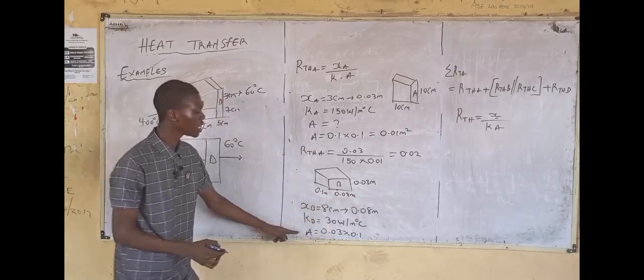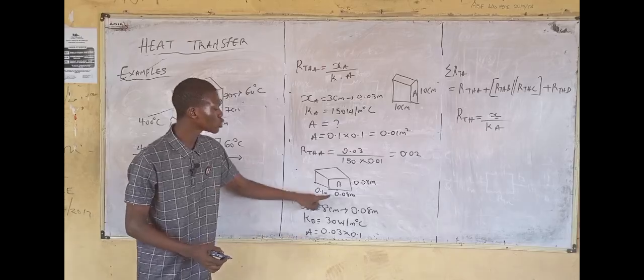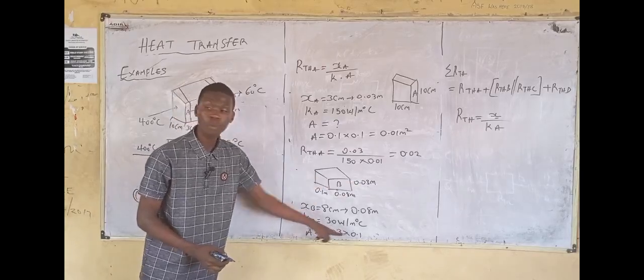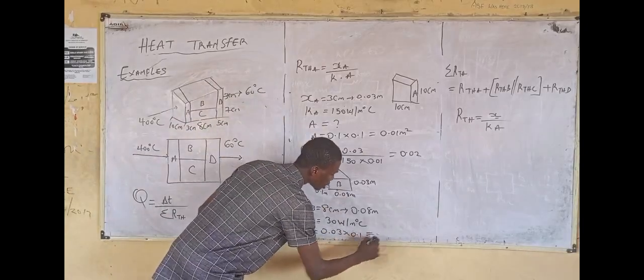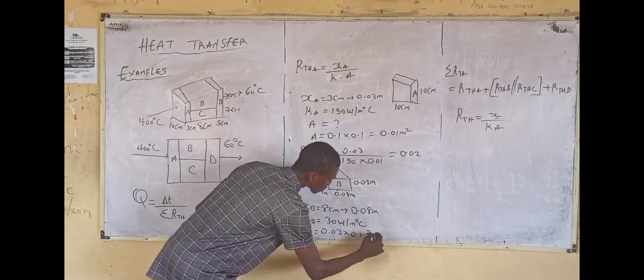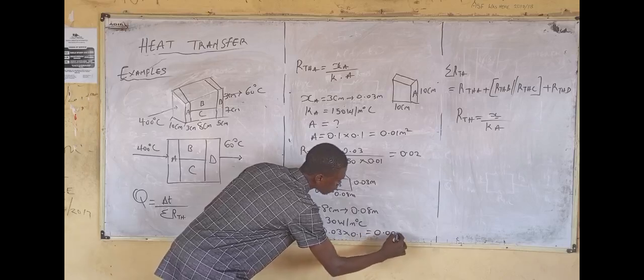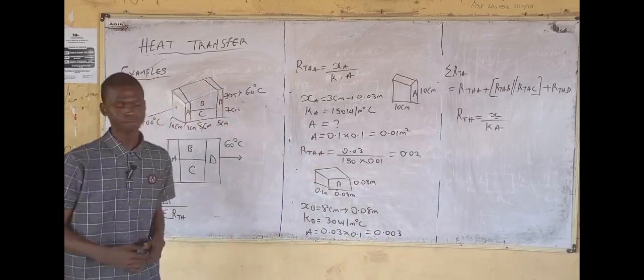So that's what we are saying. The area is equal to 0.1 times 0.03. Then this is the thickness. Now let's get the value of the area. Area is equal to 0.003.